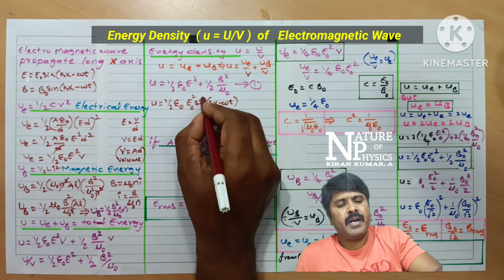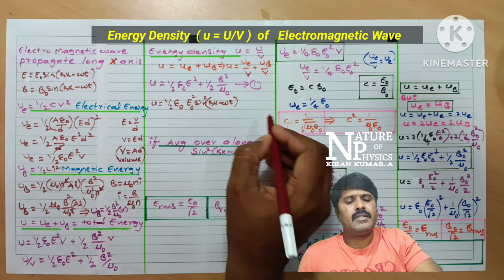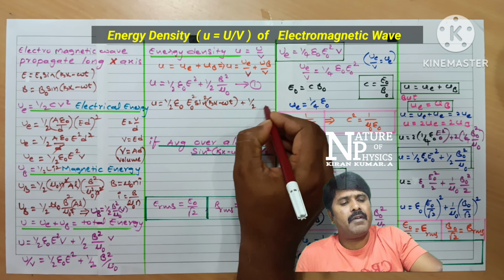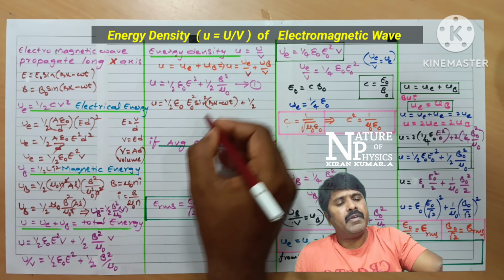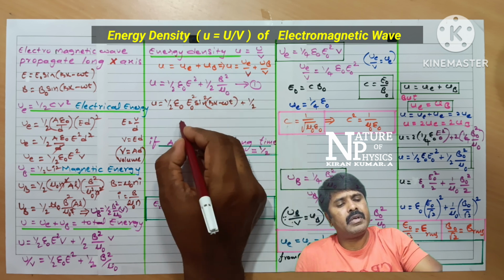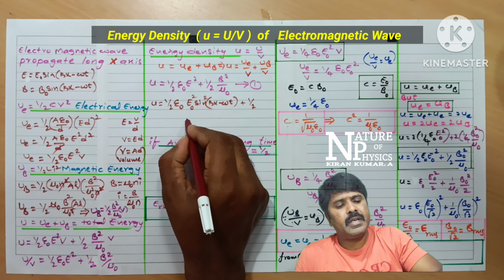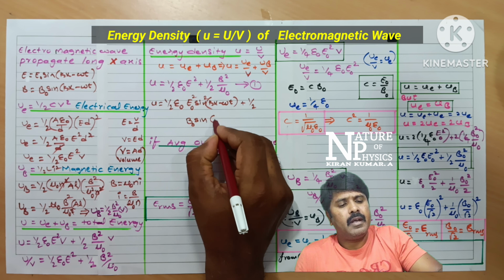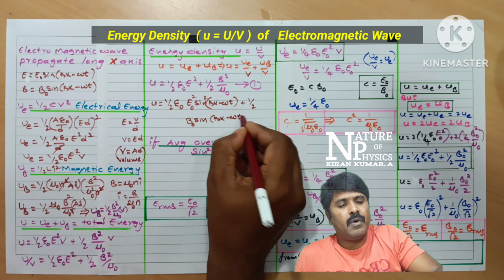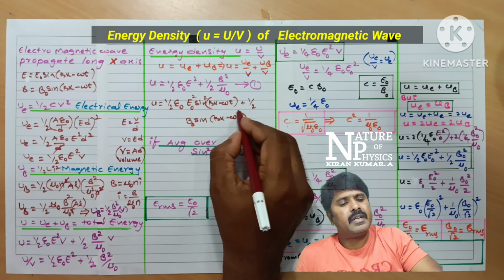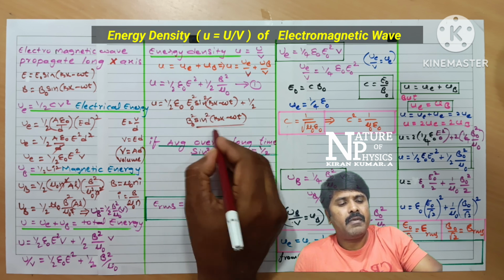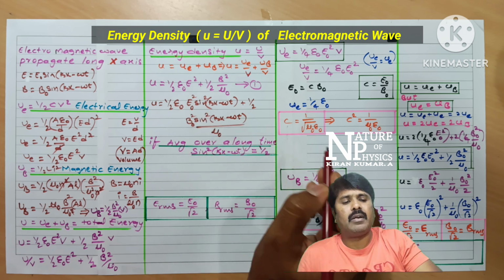That's why I am writing E naught square and sin square(omega t minus kx), plus half into the B value, which I am replacing here, student. So the B value is B naught sin(kx minus omega t) whole square. That's why B naught square sin square divided by mu naught.